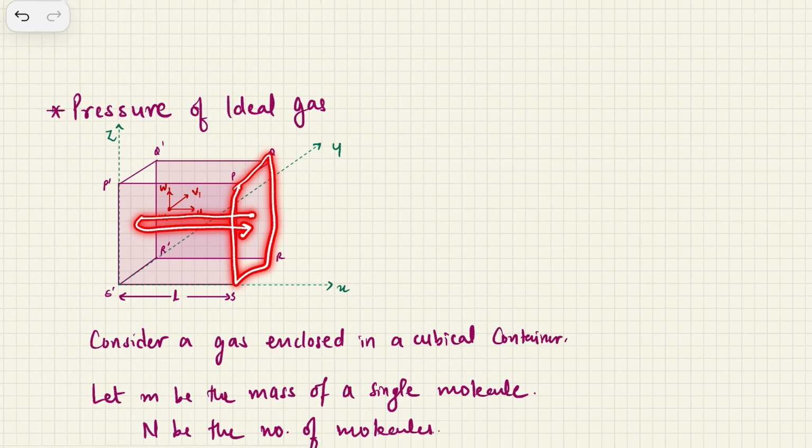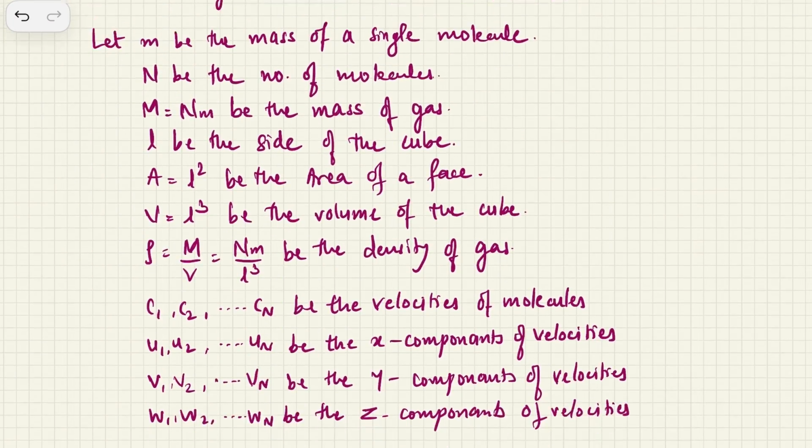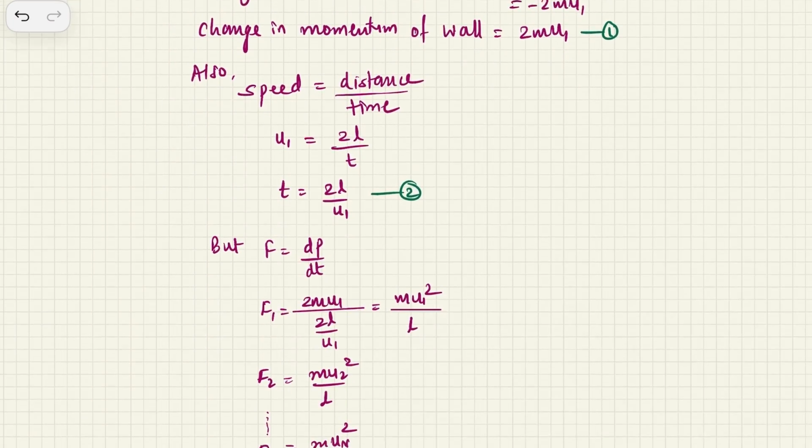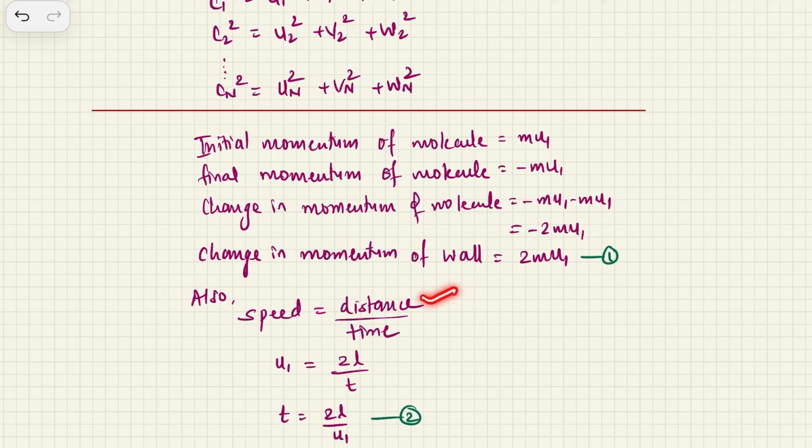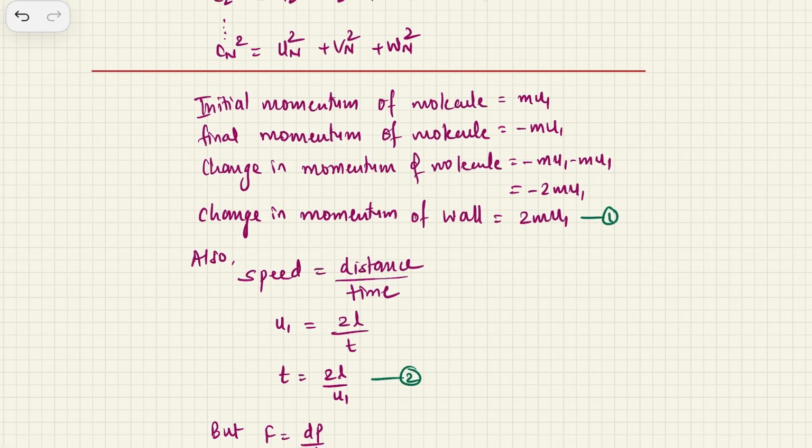While this entire thing was happening, it has traveled a distance of L plus L, while going L, while returning L, that is 2 times L. That's why we take 2L over here. So the distance traveled is 2L and time is t. So I just move this thing here, t goes this side and u1 comes here. So t is equal to 2L by u1. I have named this equation as 1 and named this equation as 2.